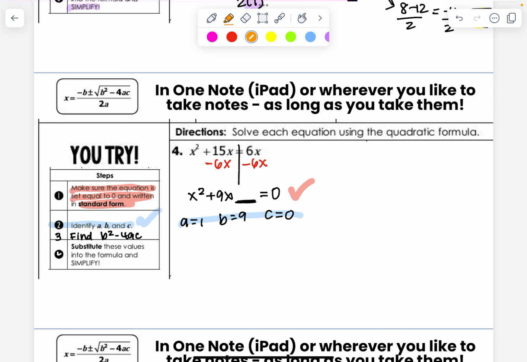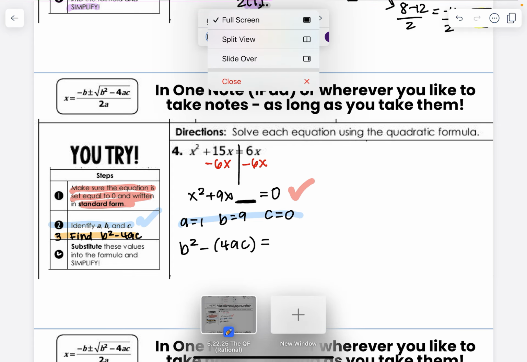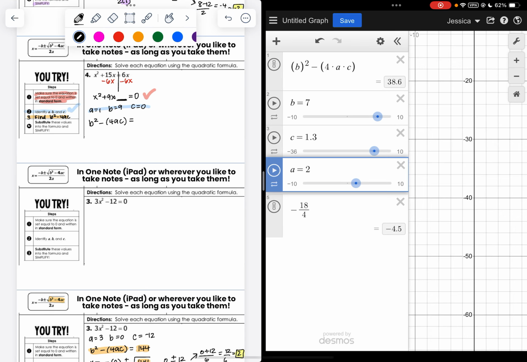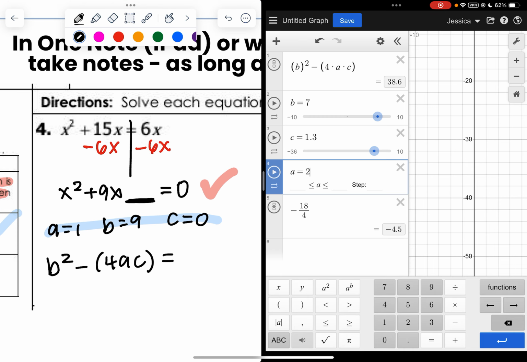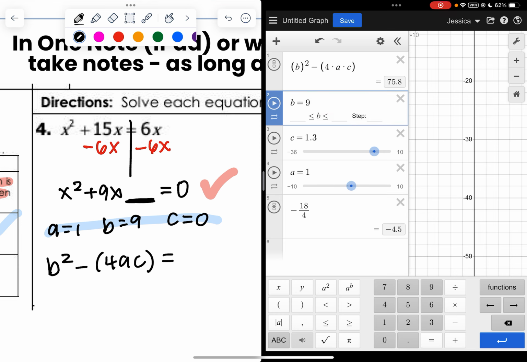If I messed up step 2, that could totally affect step 3, finding your discriminant, B squared minus 4AC. But luckily, as long as I'm writing out everything where it's supposed to go, as long as I'm putting everything in standard form, I should be good. So again, we're going to go to Desmos. We know A is 1, so let's change that. A is 1, B is positive 9, and C is 0.